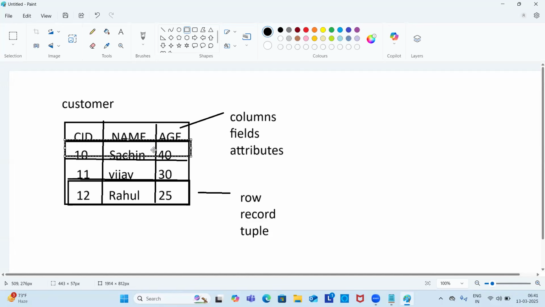So there are 3 rows in the table. How many columns are there in this table? 3 columns: this is one column, this is the second column, this is the third column. So 3 columns and 3 rows.